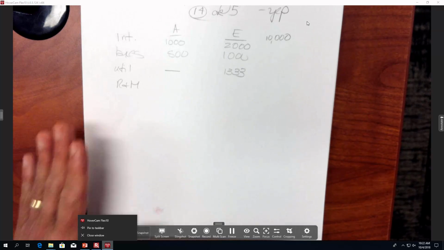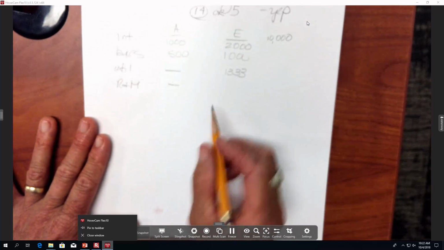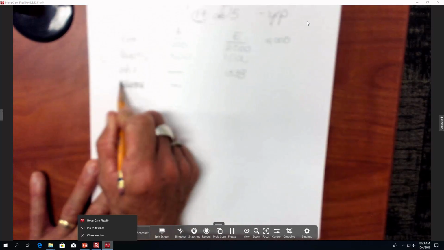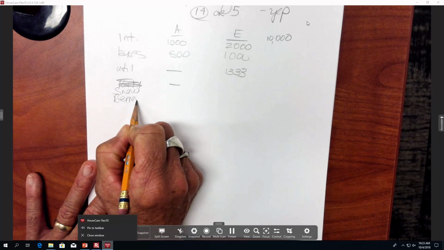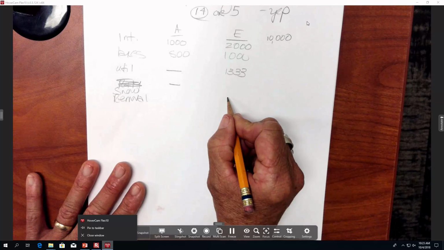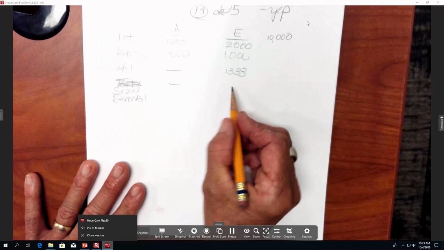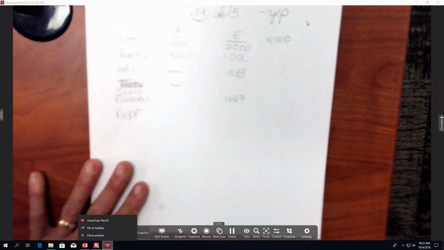What was my R&M for the E? Oh, snow removal, okay. How much was that? 2,500 in total? The total was, I can't do that in my head. It's too big. It's 1,667. Thank you. Okay, and then the depreciation was 12 grand, and that was 2/3 of that, right?